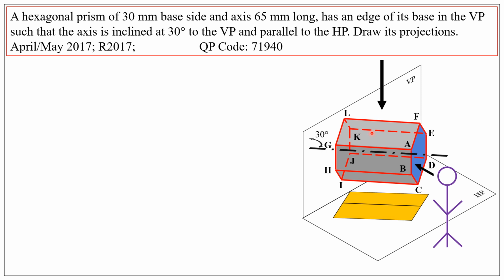The length of the rectangle is equal to 65 mm, which is nothing but the length of the solid. But what is the width of the rectangle? The data is not given. Therefore, the inference is neither the front view nor the top view can be drawn from the data given in the problem statement.